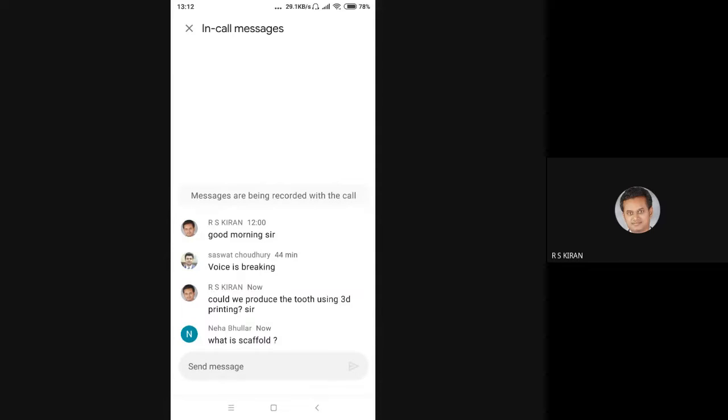Yes, it is possible. Only thing is we need to understand how the tooth is held in the mouth. The tooth has a root which is embedded, held by some soft tissues, and embedded in the bone.